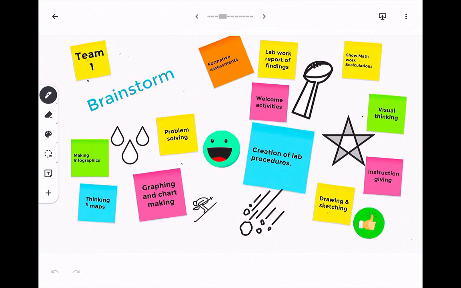You can also do thinking maps, graphing, and chart making. Everything that you can do on a regular whiteboard, you can do on a Jamboard, but with many extensions and other things that you can do. For example, this is what I did last time.